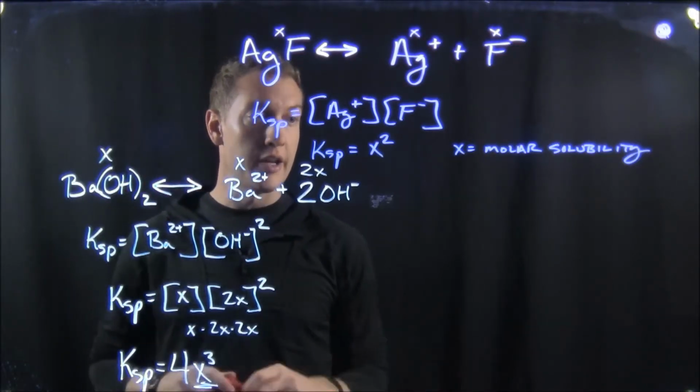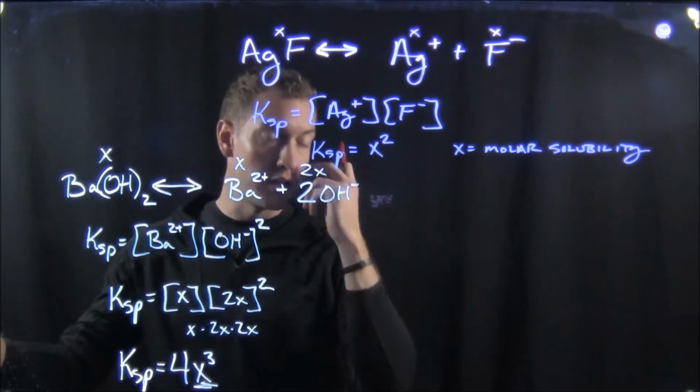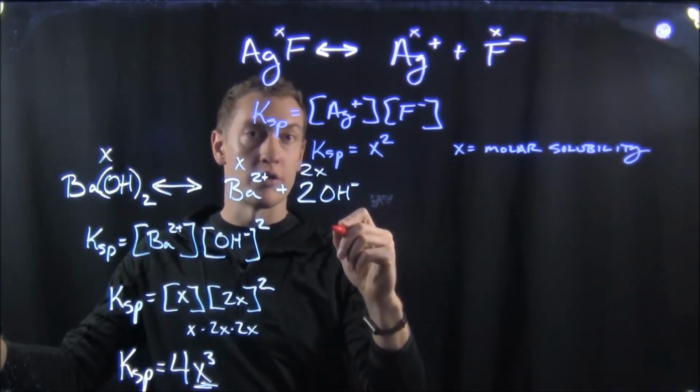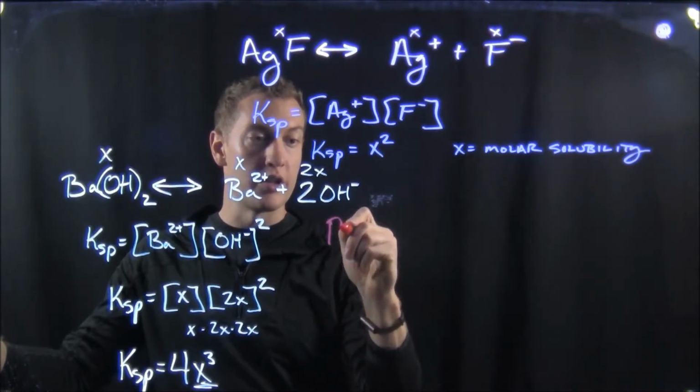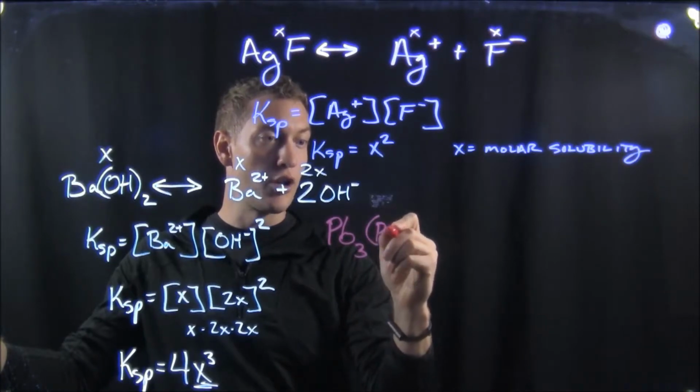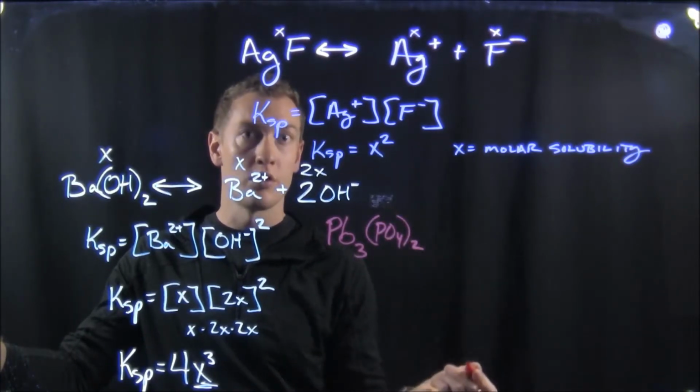One of the more complicated ones, I suppose, would be, like, let's take lead 2 phosphate. So if you had lead 2 phosphate, that would be Pb3(PO4)2.